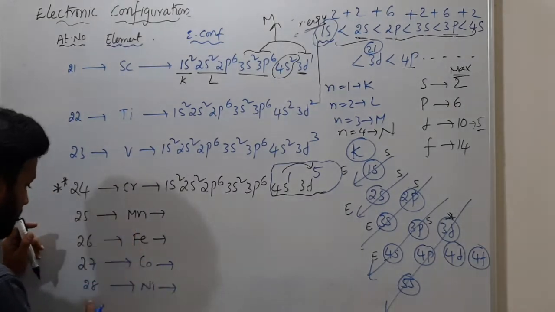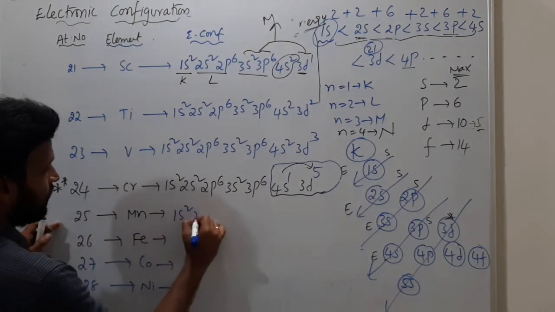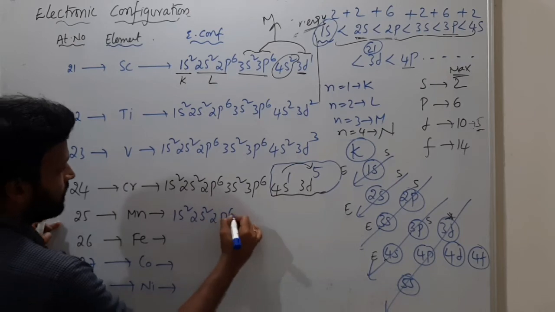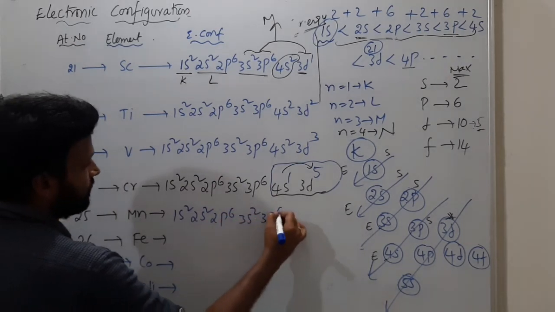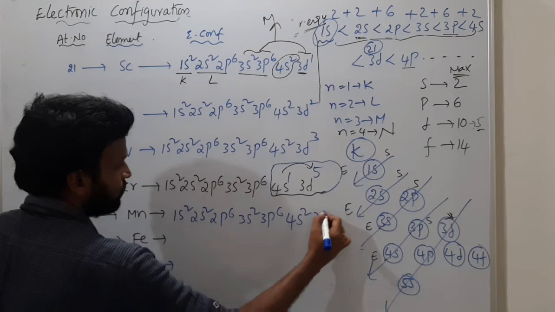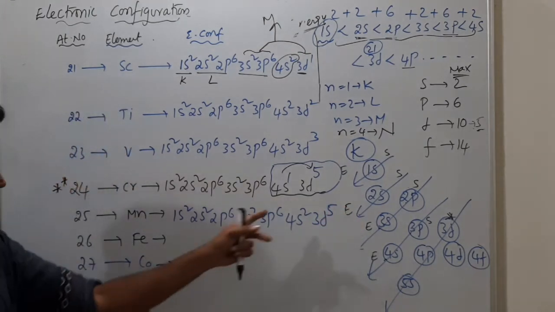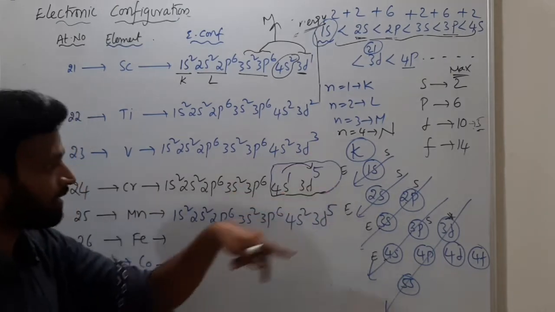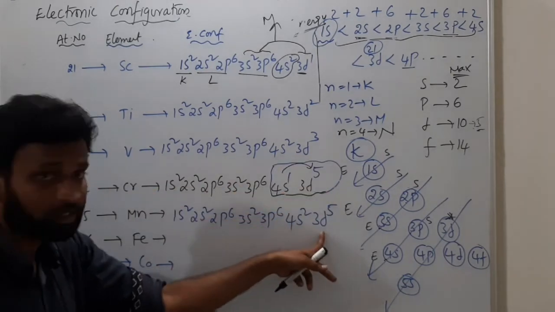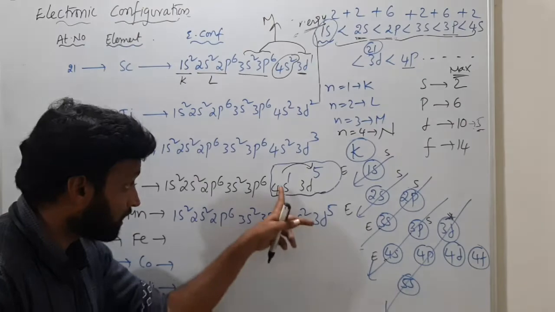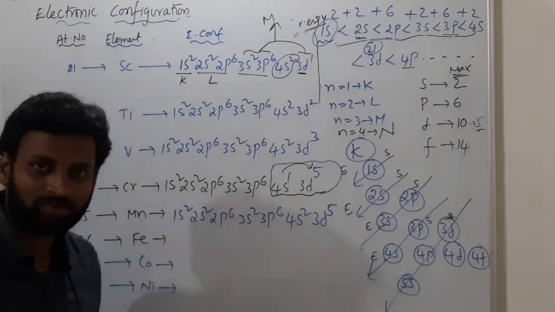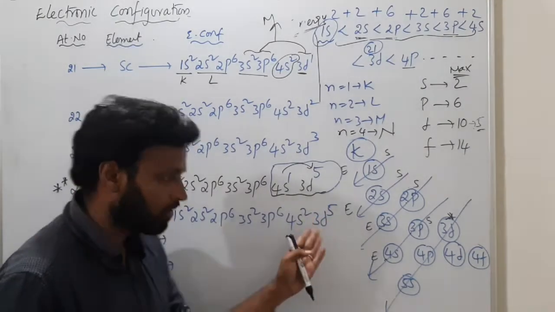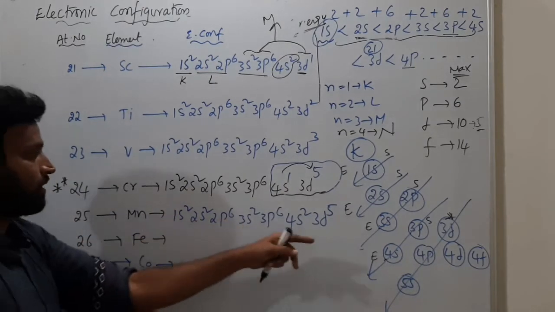You can write till here with no change. 25 is 1s2, 2s2, 2p6, 3s2, 3p6, now 4s2, 3d5. In the previous one it was 4s1, 3d5 because one electron jumped there. Don't write here 4s1, 3d6. No, 4s2, 3d5. 3d5 is half filled and stable. So manganese is 4s2, 3d5.